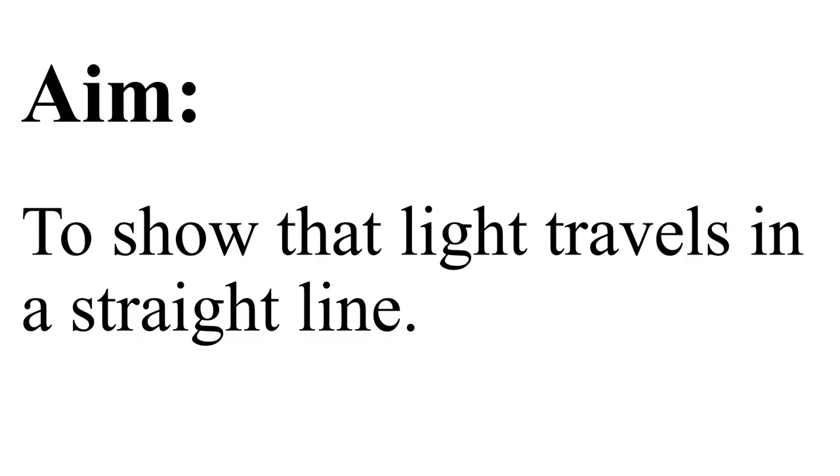The aim of this activity is also to show that light travels in a straight line. Here, we will be understanding the property of propagation of light but with the help of another activity.